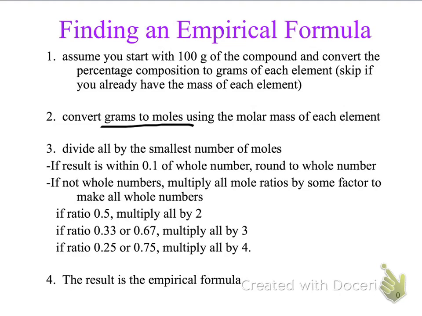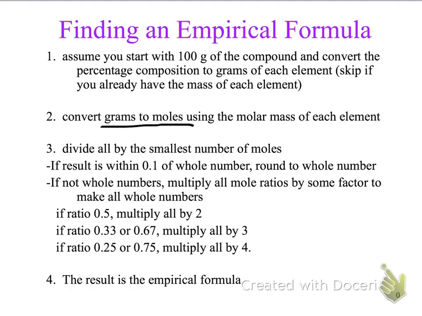Third, once you get the number of moles of each element, you divide the number of moles of each element by the one that has the smallest number of moles. And if the result is within about 1/10 of a whole number, you can round that to a whole number. If they're not whole numbers, you multiply all of the mole ratios by some factor to make them a whole number.